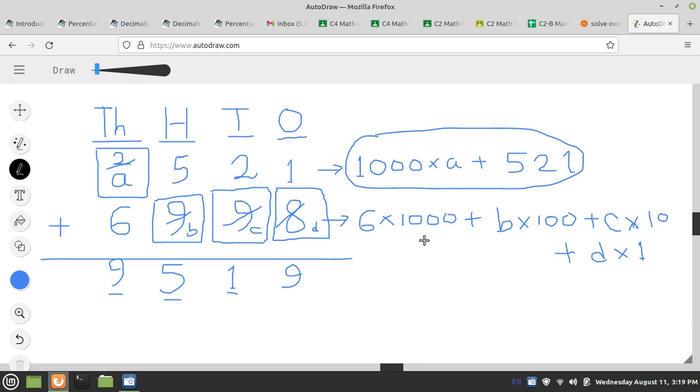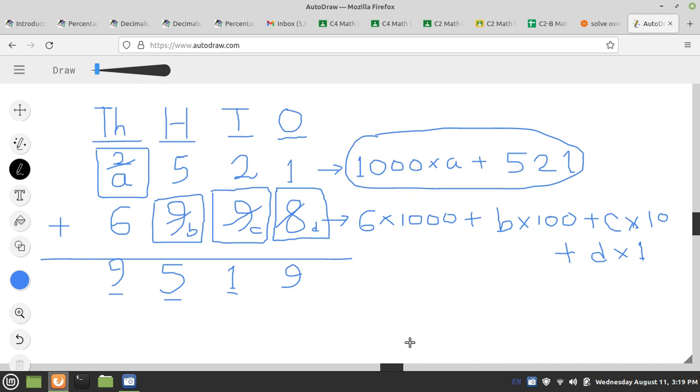Okay, so this is the expanded form of this number: 6000, then B times 100, C times 10, and D times 1. So this is the expanded form of this number.